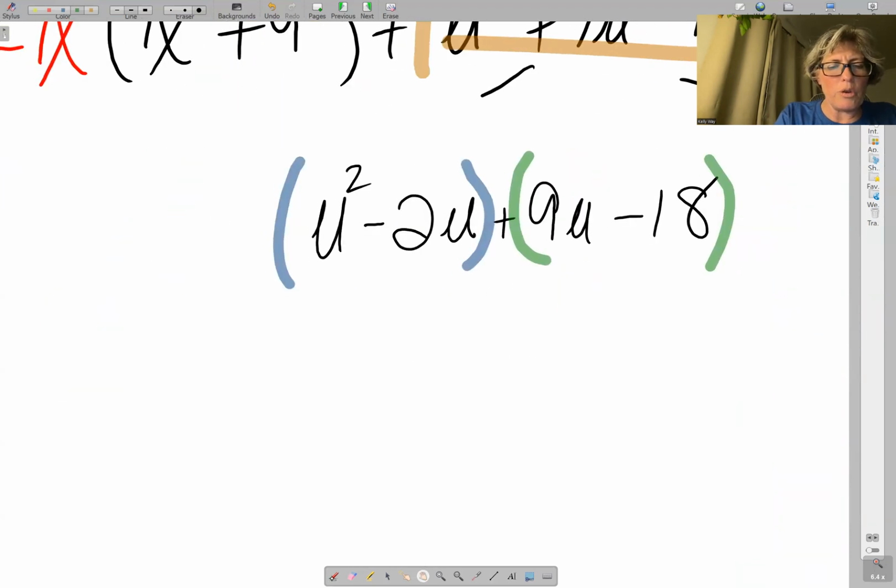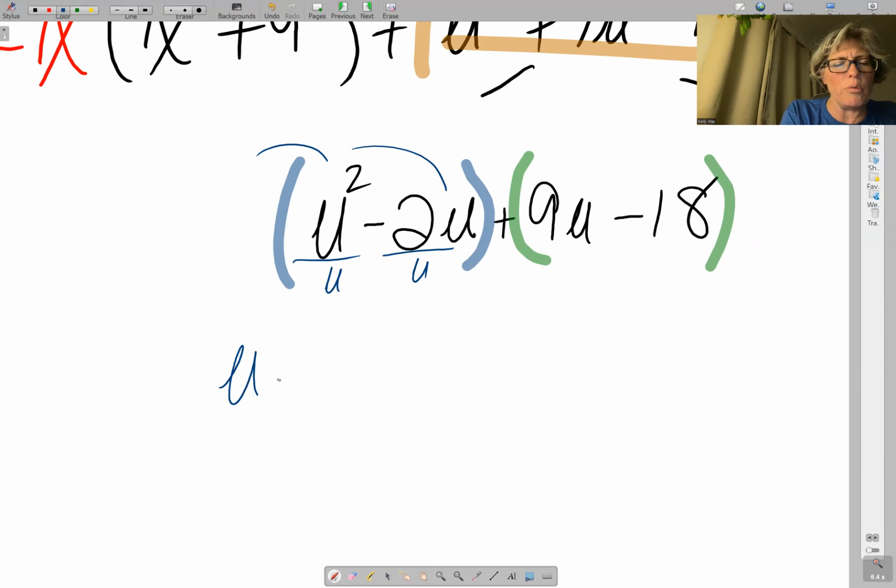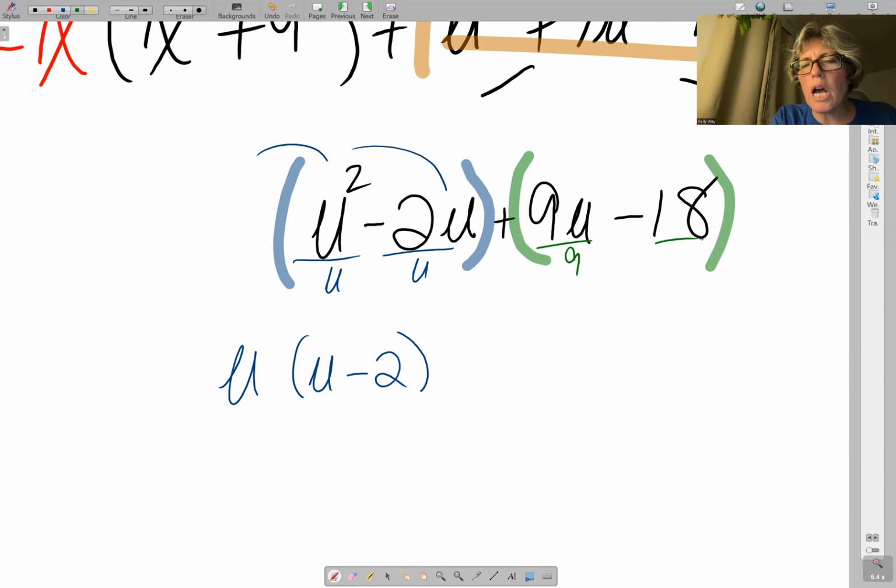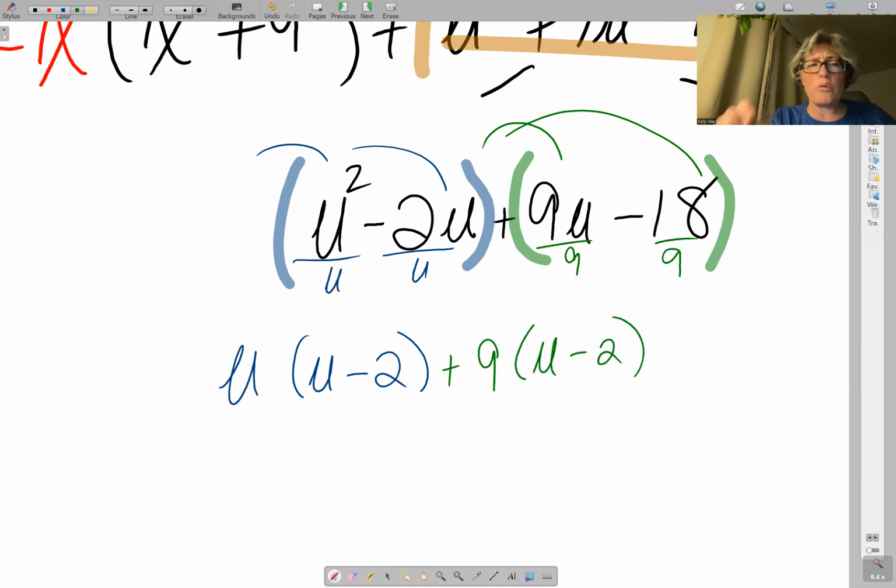I can take out a u, so I'm going to divide out a u for both. I'm going to have u in parentheses, and that's going to be u minus 2. It's working. And here I'm going to take out a 9, and I can do a positive 9 times, oh, looky there, u minus 2. Woohoo! We got the same thing.